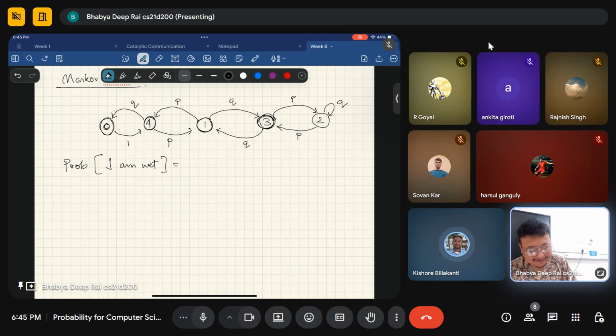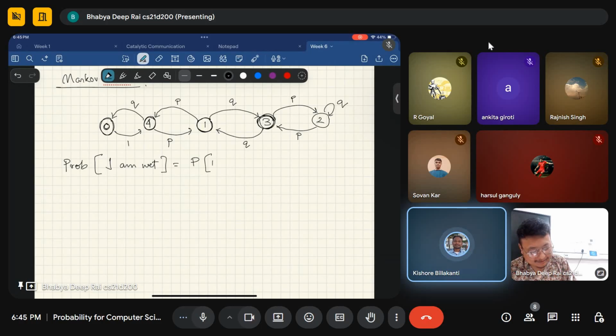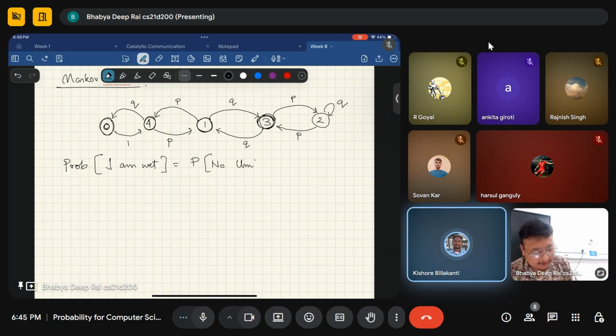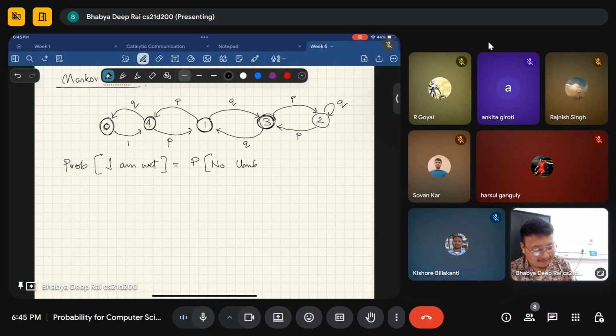So that is 100% probability, it will be 1, for the probability of getting wet. Yeah, that's when 100% probability you will get wet. That's right. I mean, probability of getting wet is equal to 1. No, that is not true.